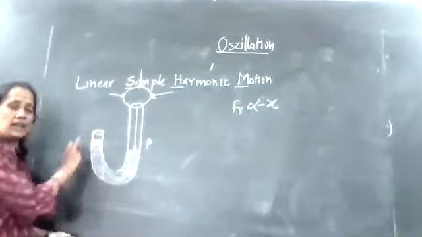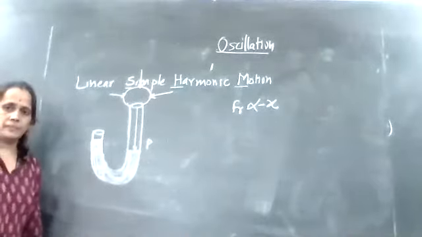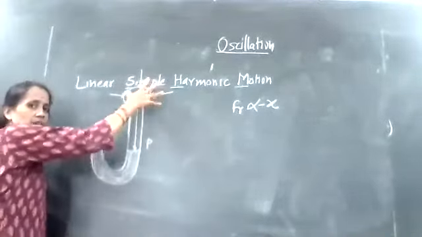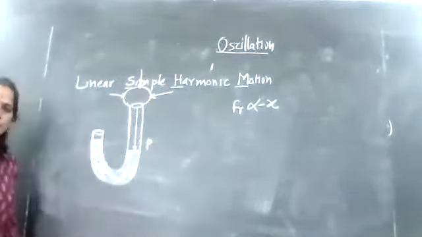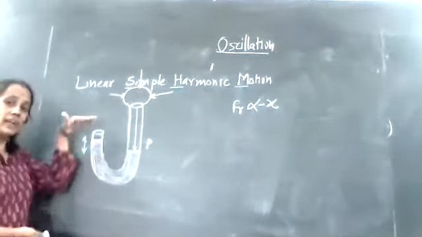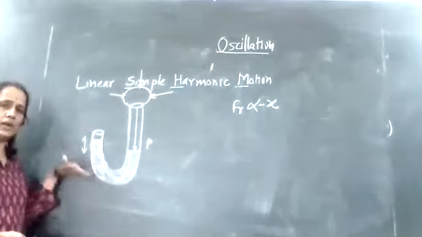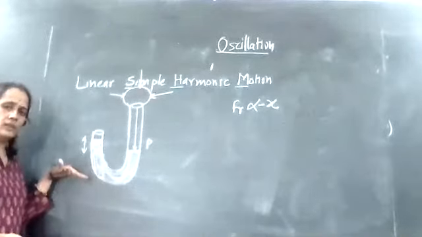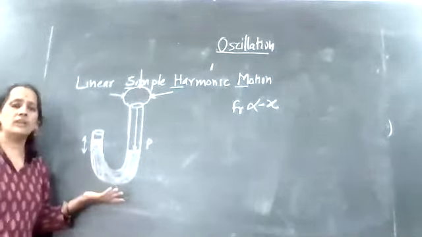The liquid level in the other arm rises. If I release the force, the liquid level will bounce up and down along a straight line. So this is also an example of linear SHM.